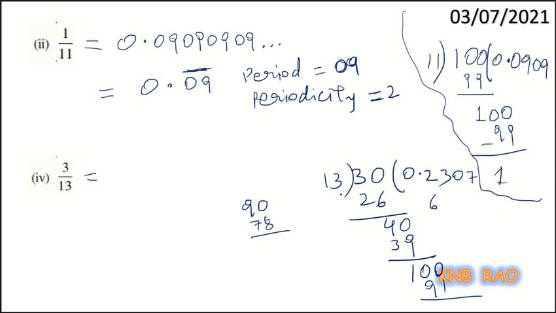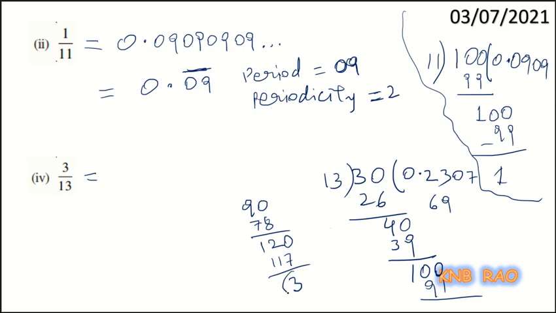So, 78 when it is subtracted from 90 gives you 12, and now when I take 1 times 0, 13 nines is 117, and 120 minus 117 is 3.